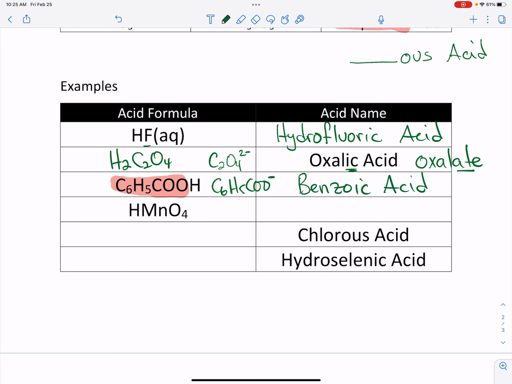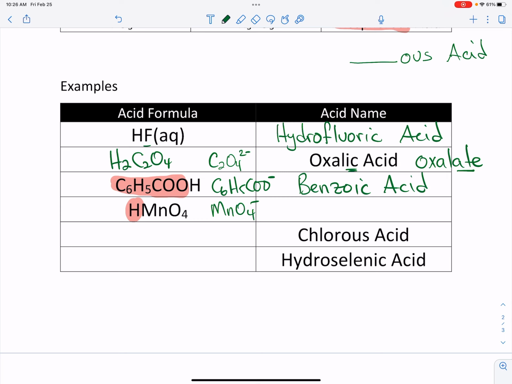The next example, again, we see it starts with hydrogen at the beginning of the formula, which is a clue that it's an acid. It's not a binary acid because I see there's a complex ion attached to it. MnO4 minus is a complex ion. So the name of this acid will not start with hydro. The complex ion here is permanganate.